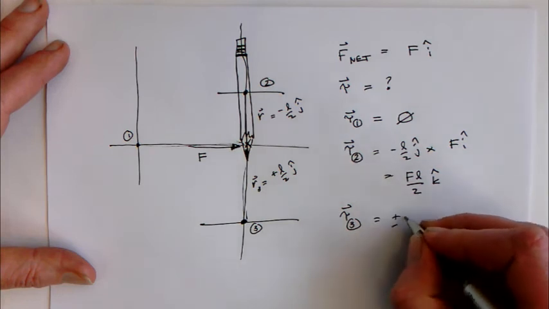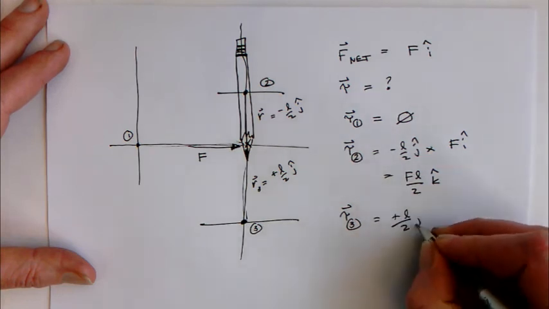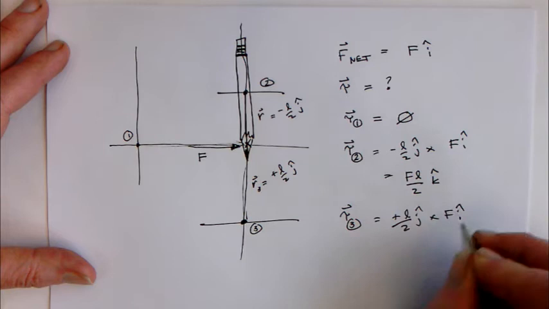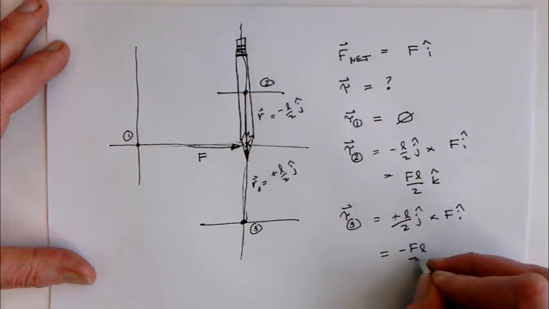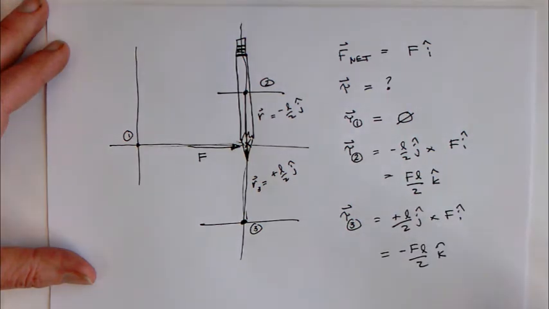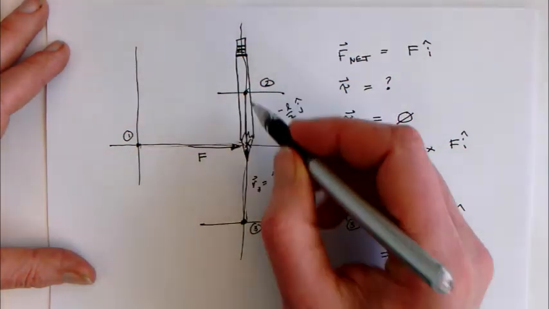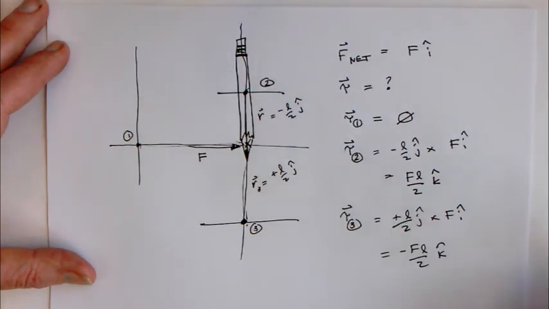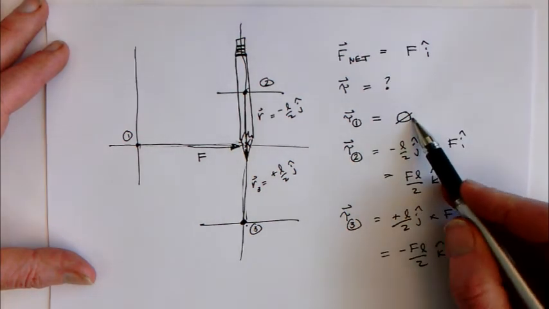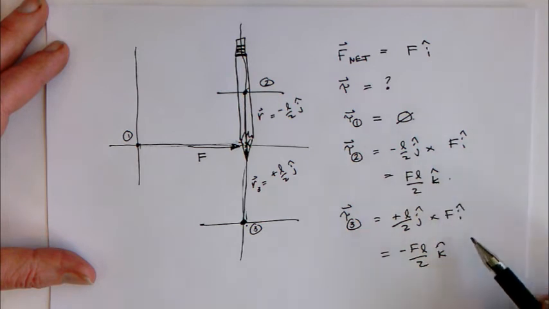So I get plus L/2 j-hat cross F in the i-hat direction. So I get minus F L/2 k-hat. So I've chosen 3 different origins, 1, 2, and 3. And for those 3 different origins, I've actually gotten 3 different values of torque. I've got 0, I've got a positive torque, and I've also got a negative torque.